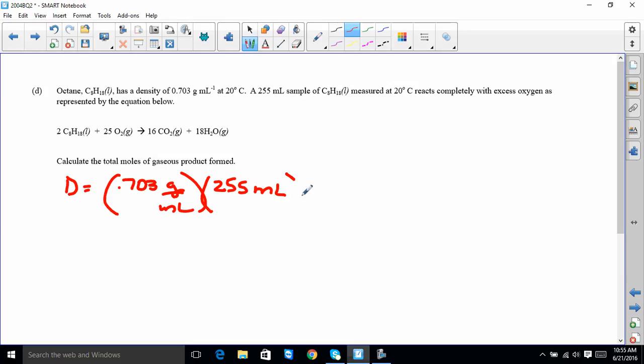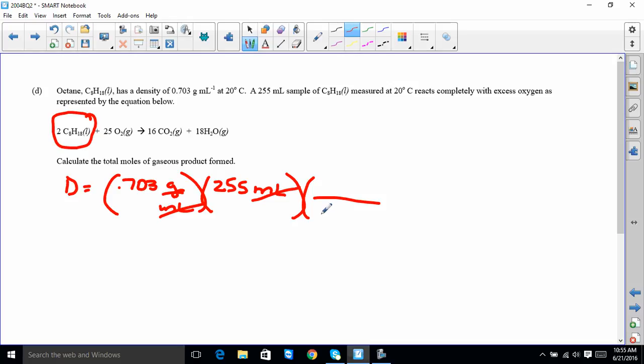And guys, I'm just to the point where I can see units. If I do grams per milliliter times milliliter, I'm going to be in grams. And this is octane, because they gave you the density of the octane. And so now we're in grams. And then the most important concept in all of chemistry is the mole.